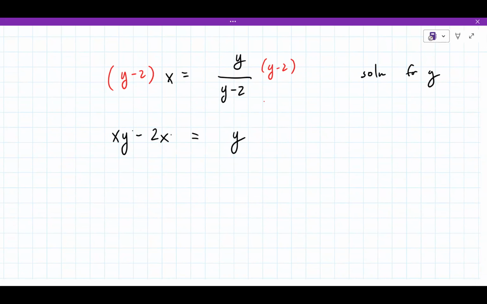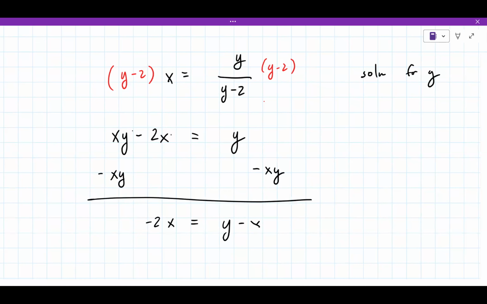Is that okay so far? Yeah. All right. Let me take a look at the answers to see what they do. Because it's multiple choice, there's a certain way to do it to make it look more like the multiple choice. So I'm going to subtract xy from both sides. And notice I can't combine it with this side, I just have to leave it.